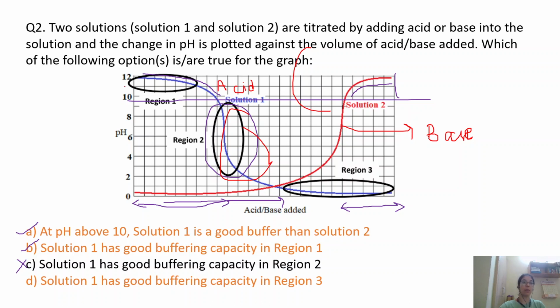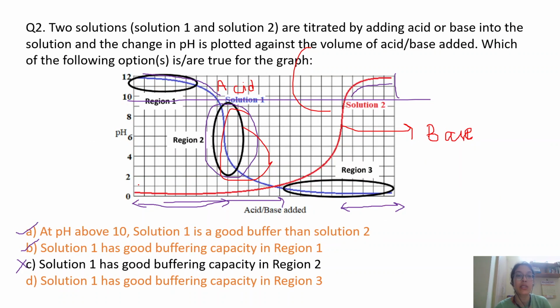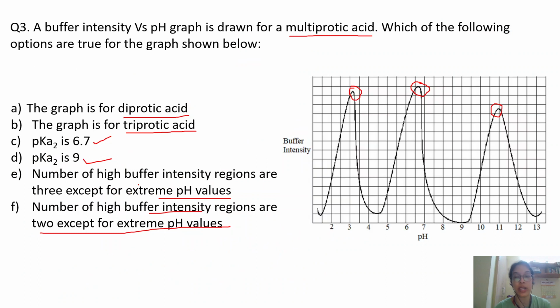So pKa will be around 10, around 11 here, or the second pKa can be around 0.1. But this is not very clear from these graphs. For that, we need to draw a buffer intensity versus pH graph to get the values of pKa1, pKa2, pKa3, and so on.